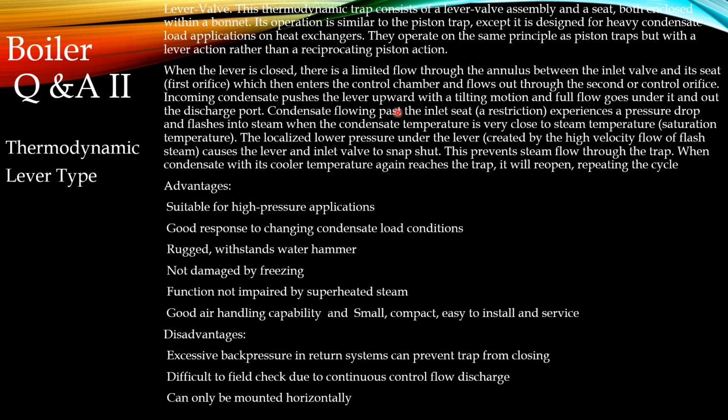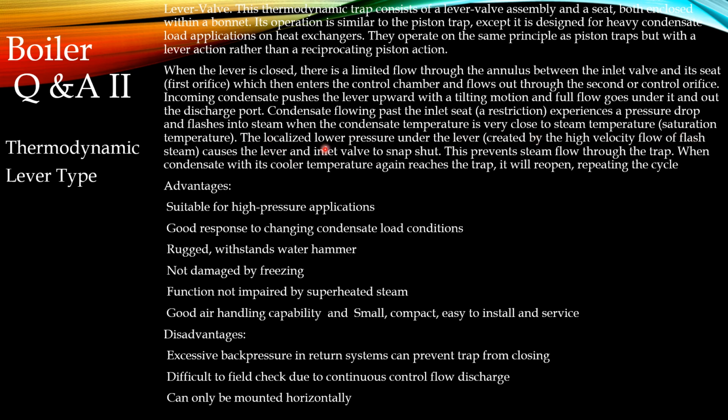Incoming condensate pushes the lever upward with a tilting motion and full flow goes under it and out the discharge port. Condensate flowing past the inlet seat in the restriction experiences a pressure drop and flashes into steam, while the condensate temperature is very close to steam temperature, that is, saturation temperature.